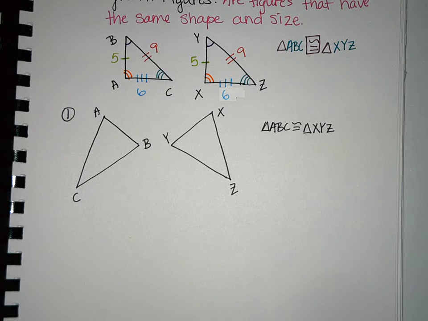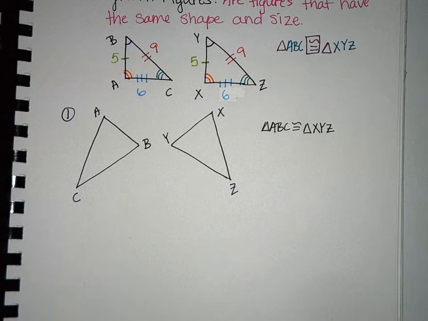So here in this one, we don't have any markings whatsoever on the picture. So this is where we have to use our congruent statement to mark the picture. And this happens a lot more than you think, where we have a statement but nothing drawn on the picture. So let's fill in our picture with our tick marks.